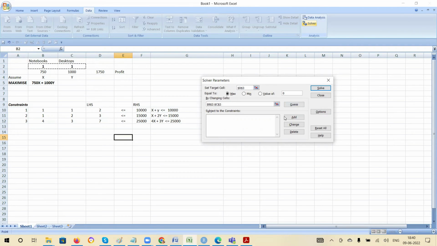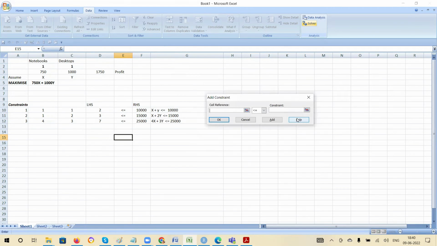So add here, where we have to add all the constraints. What is the first constraint? First constraint says left hand side, so 2 is less than, the constraint is 10,000. If it is 1, 1 now, this should be less than. When you're increasing 1 to 2 to 500 to 1000 and so on, this value cannot go more than 10,000. That's what it says.